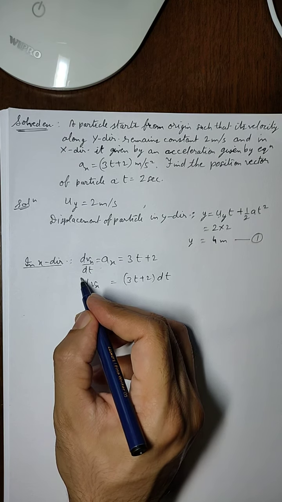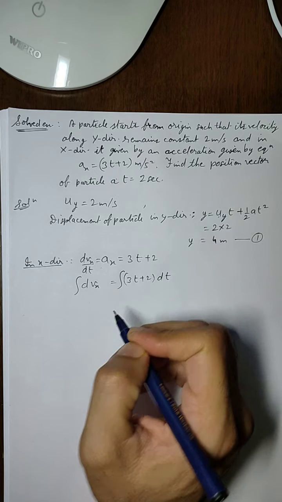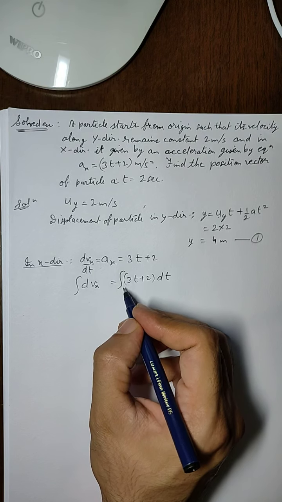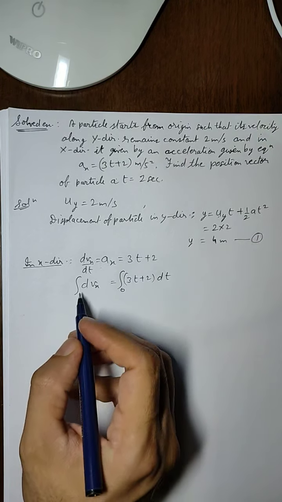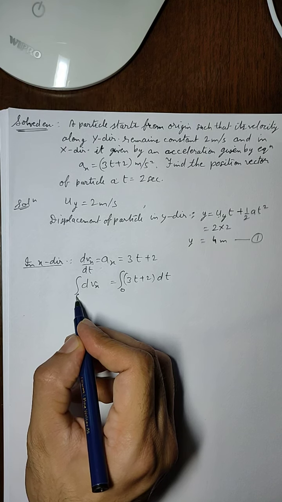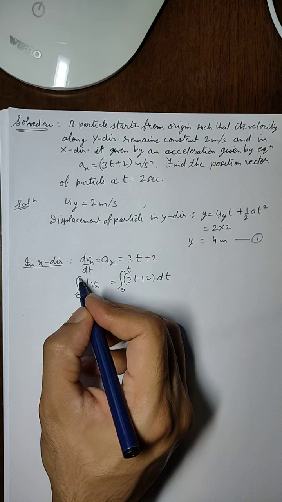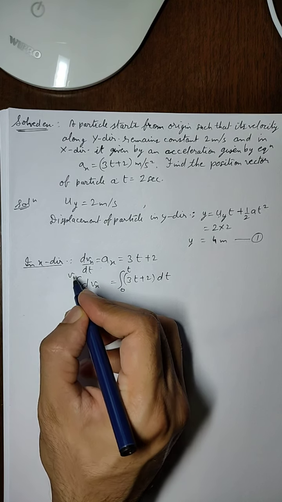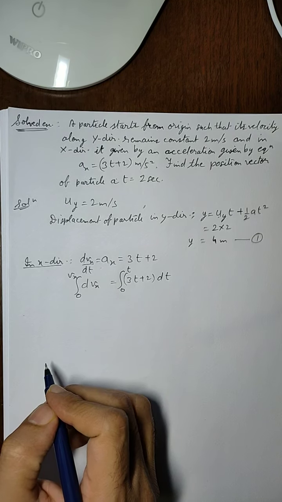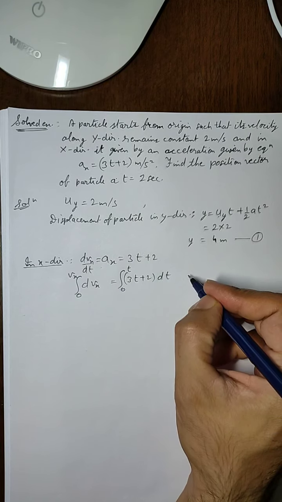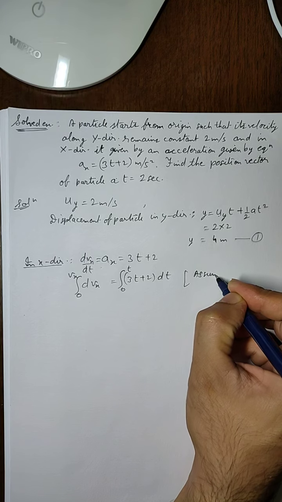And if we integrate them, then at t equals 0, let the velocity be equal to 0, and at t equals t, the velocity will be vx.